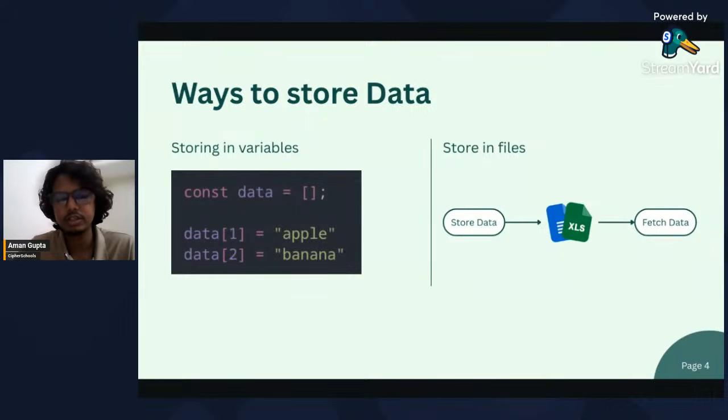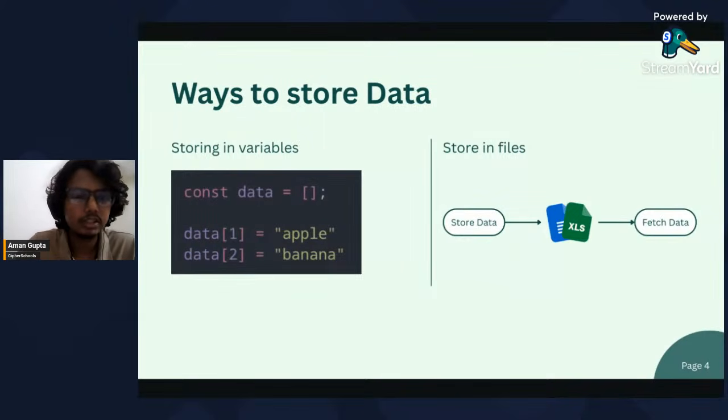There is no structure in the way I store the data, right? Because of this, of course, I will be fetching the wrong data, and the margin of error is very high over here. Second, this will also make my retrieval of data very slow. So that is the major issue with storing it in files.